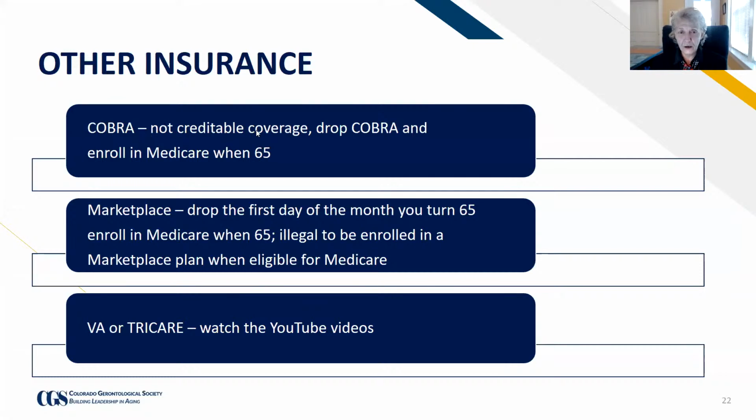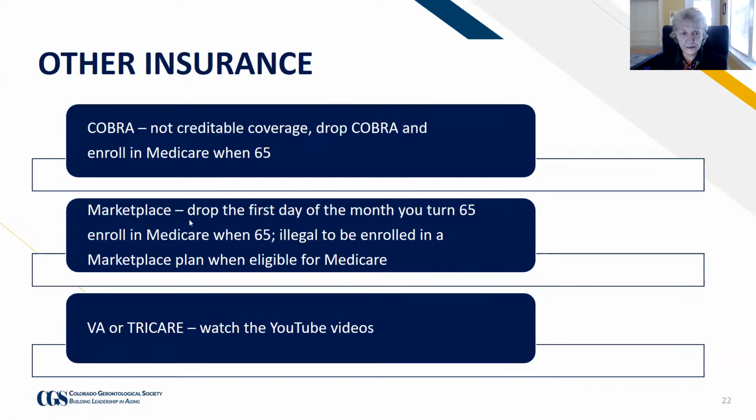So do not take Cobra at age 65 or any time that you lose employer coverage, because it will basically trigger you going to a general enrollment period, because you'll lose both your initial and your special. So just go to straight Medicare and enroll in the new to Medicare process that is described on our YouTube channel.